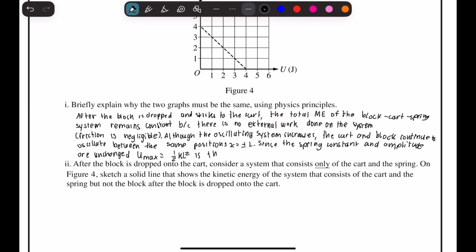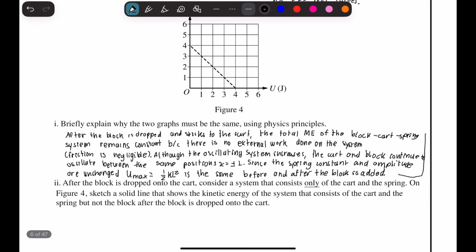And that is the same before and after the block is added.